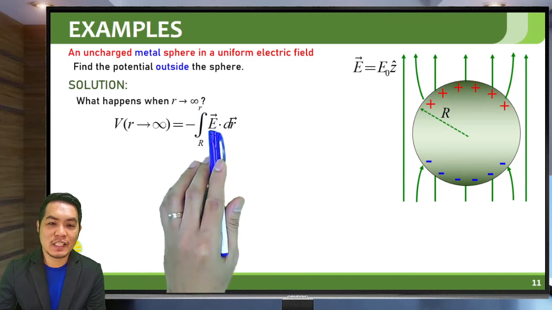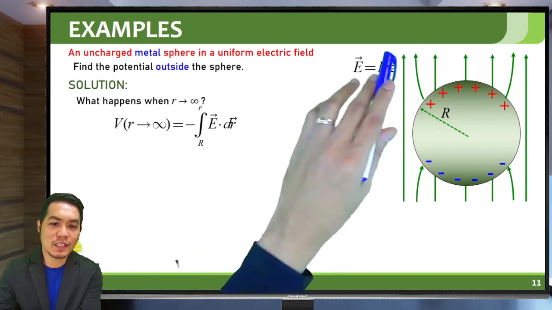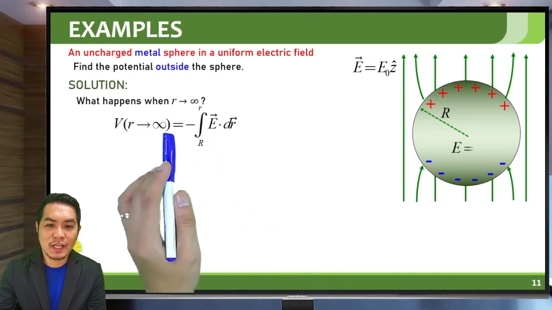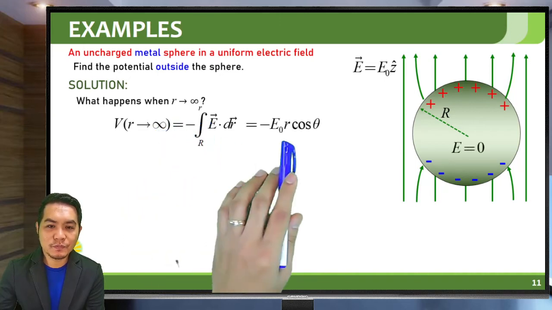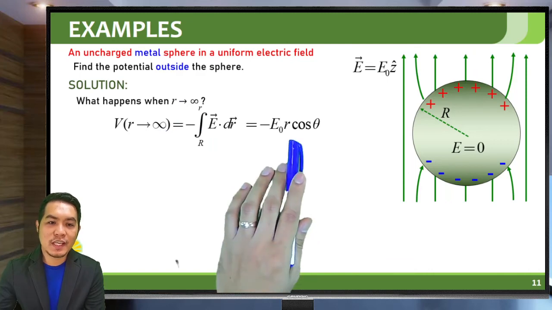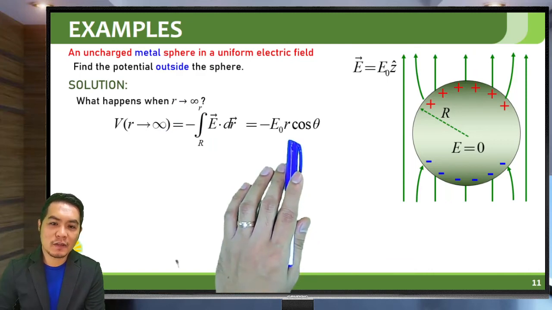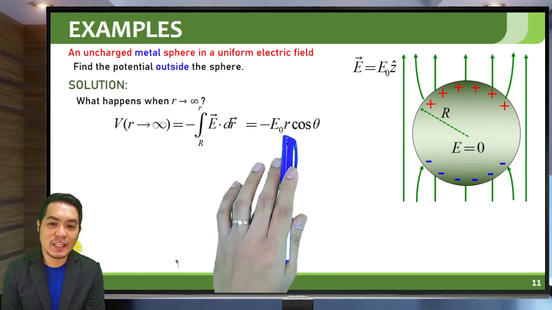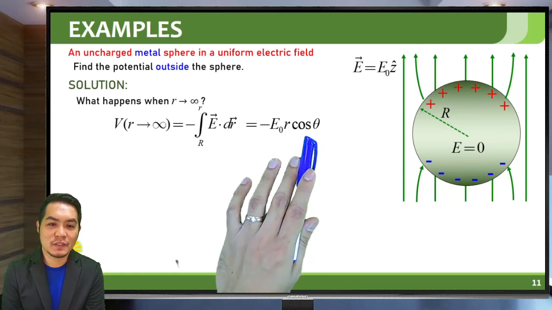Since this is just E dot dr, that product is E dr cosine theta. And since the electric field is constant at r where r is infinity, this is what the electric field will approach when r approaches infinity. So negative E naught r cosine theta.